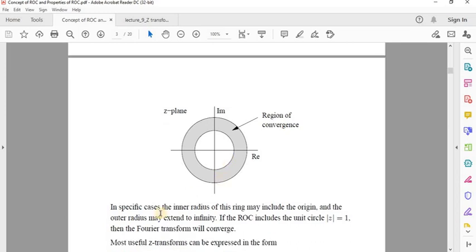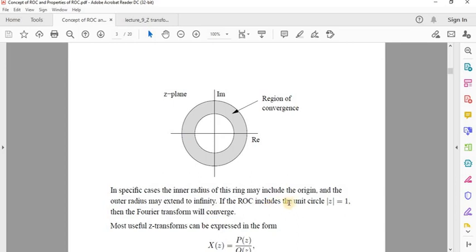In specific cases, there are two types of radius. This is the inner radius and this is the outer radius. In specific cases, the inner radius of this ring may include the origin. The region of convergence has origin at Z equals to 0. And the outer radius may extend to infinity.